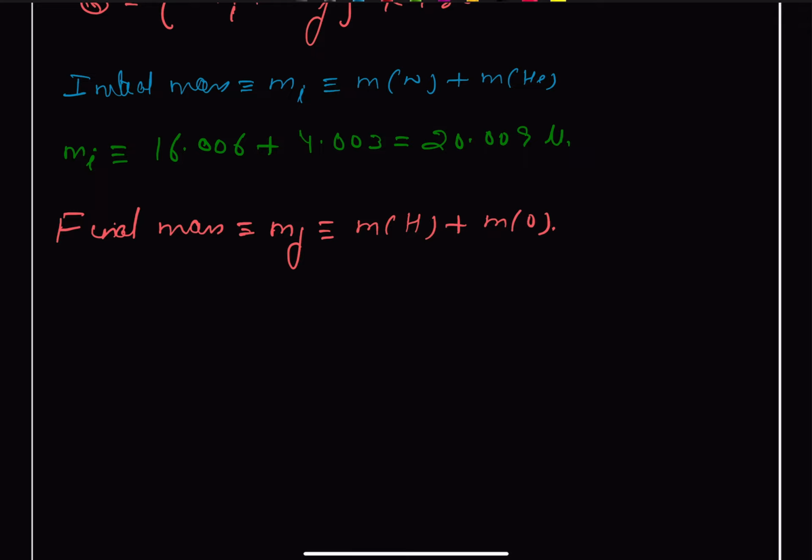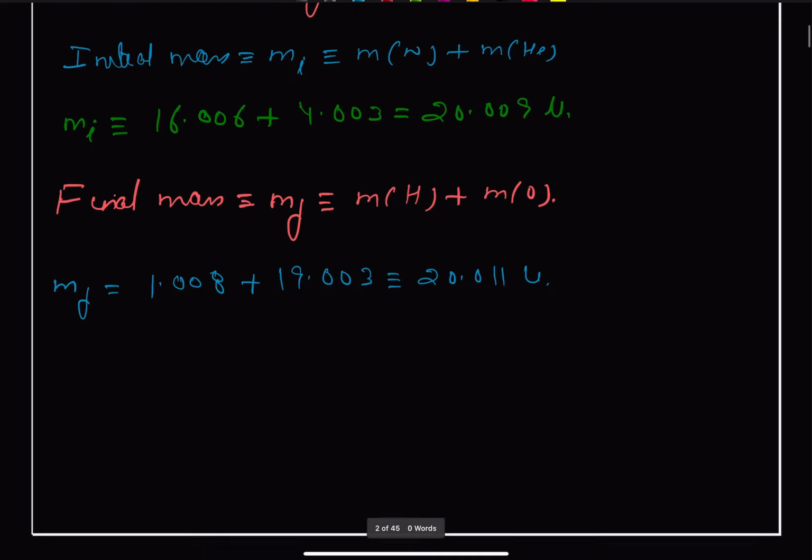So once again, substituting the value, we get our final mass of hydrogen. It is given as 1.008 plus for oxygen it is our 19.003. So this gives us 20.011.